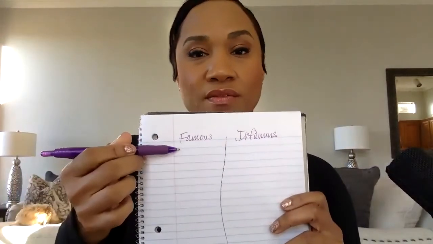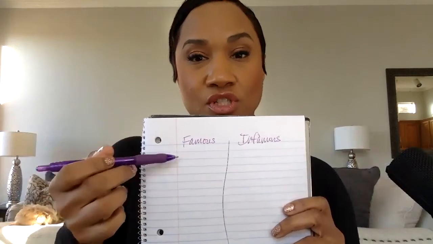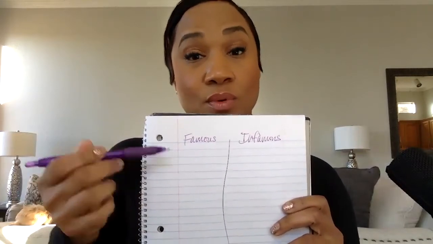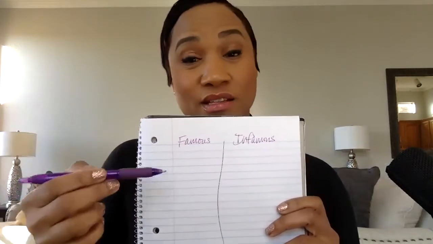And the way you do that is really simple. All you've got to do is create a T-chart, right? And so you do famous on one side and infamous on the other, right? With this T-chart, you're going to put all of the things that she's famous for. So she's First Lady of the United States at one point, and when she delivers a speech, that's exactly who she is, okay?